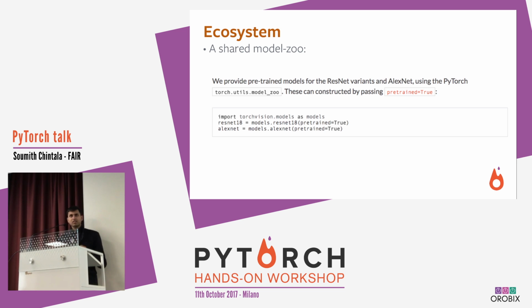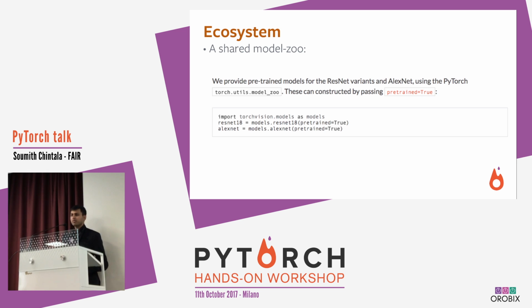If you want the pre-trained weights, that is the ResNet already trained on ImageNet, then you simply give a keyword argument pretrained equals true, and then the weights are automatically downloaded from our S3 buckets, and then they are loaded into your Python process and initialized. So it's like a one-touch argument that will automatically get you the latest model that you care about.